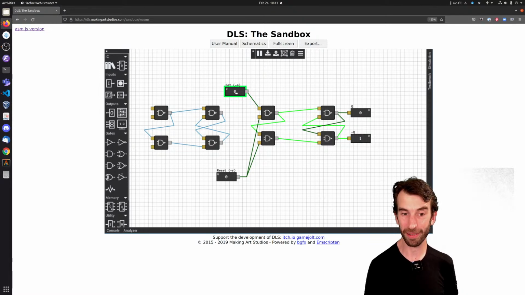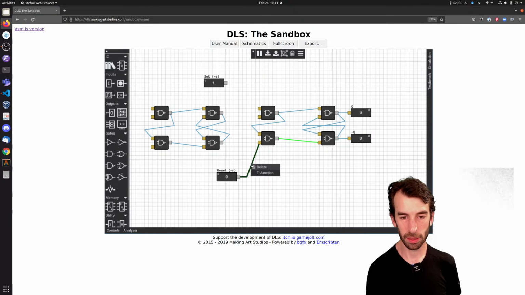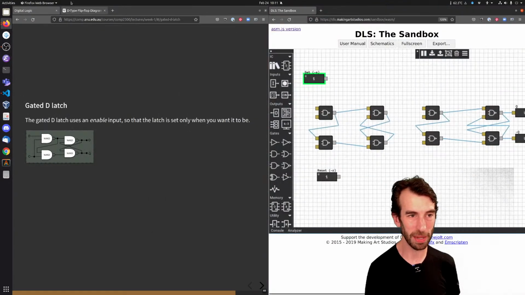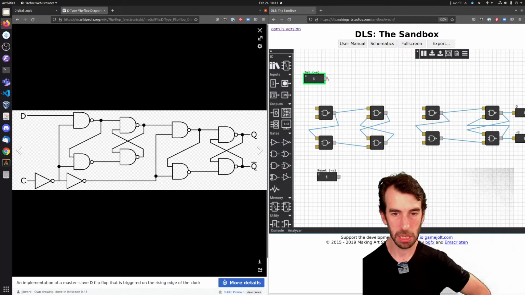Okay, so we got half of our two-layer latch here. Let's keep going, following the Wikipedia design, and then we'll compare it with what Uwe has provided for us.